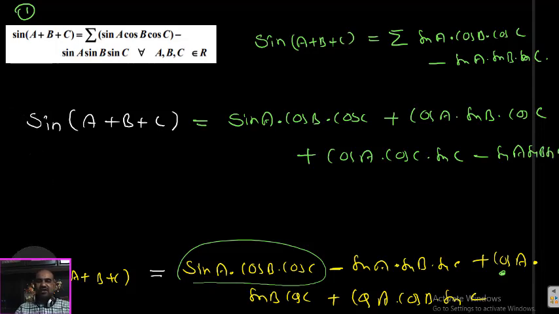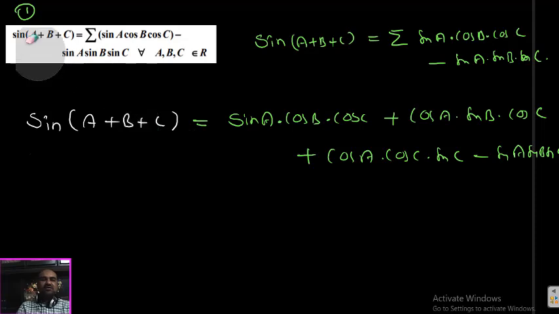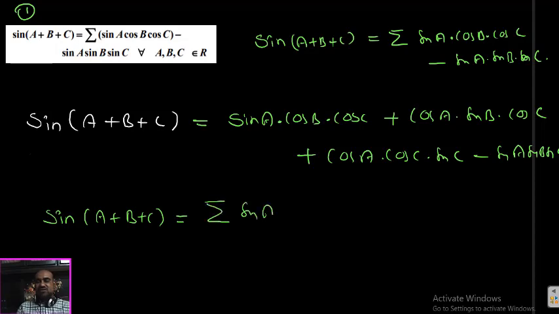So finally what can I write? How to remember, that is important. Sin of A plus B plus C is remembered as sigma sin A into cos B into cos C. Instead of these last terms, directly I can write minus pi sin A. What is the meaning of pi sin A?